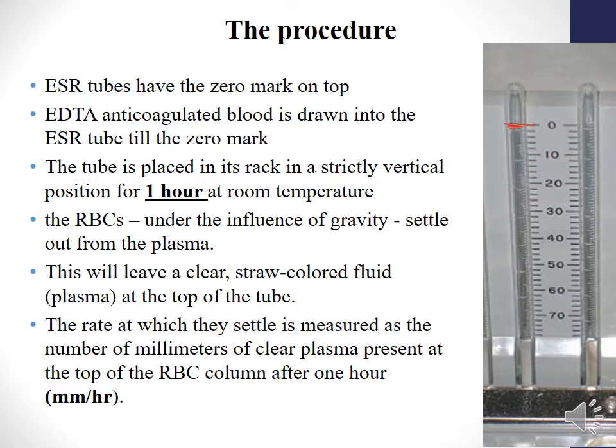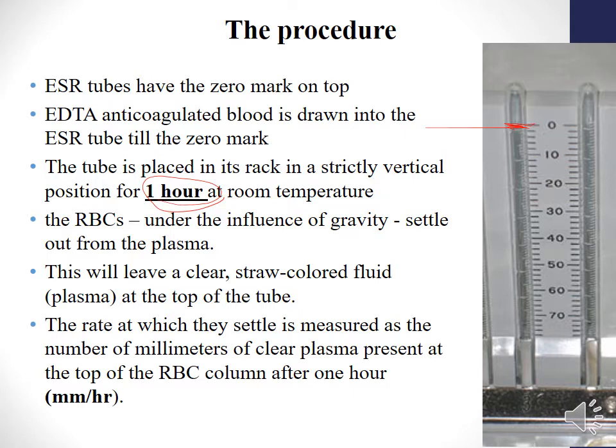So what we do here is that we will take anticoagulated blood, we will draw it into the ESR tube up to the 0 mark, and then we will place the tube in a vertical position for 1 hour. Of course, after 1 hour, we will take the tube and we will take the reading. Okay, we will see how much the RBCs have settled.